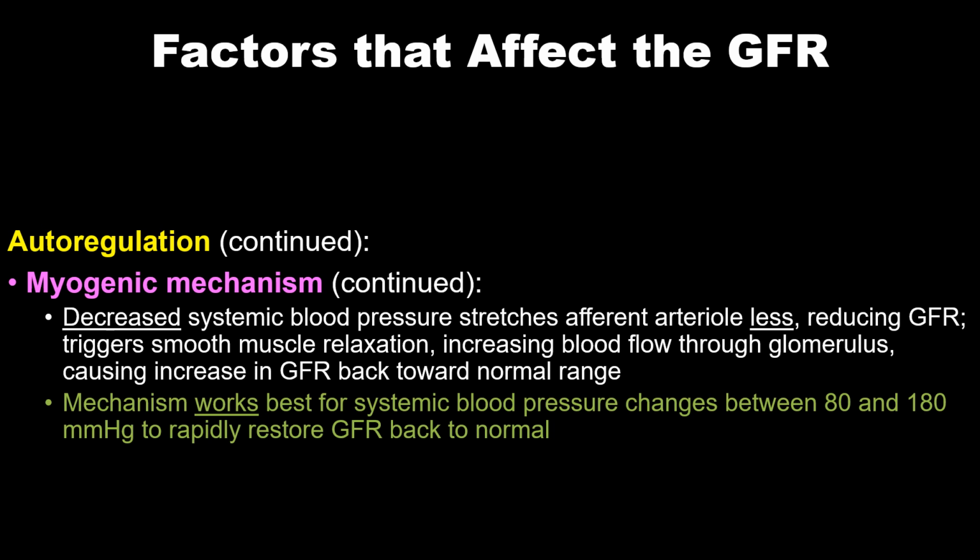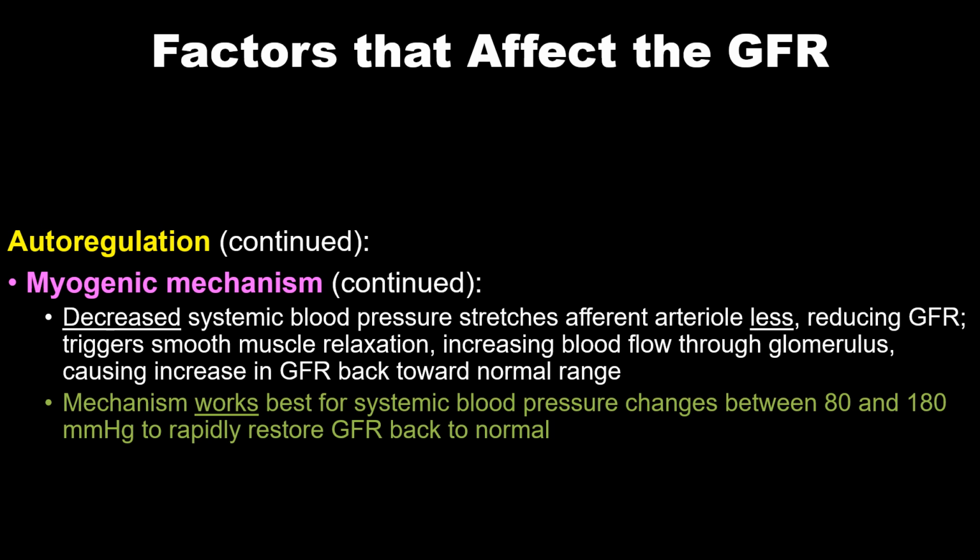And this really occurs very rapidly. It restores normal filtration rate within seconds of any significant change in blood pressure. This is limited really only between 80 and 180 millimeters of mercury. And the normal range here is between 100 and 120 for systolic.